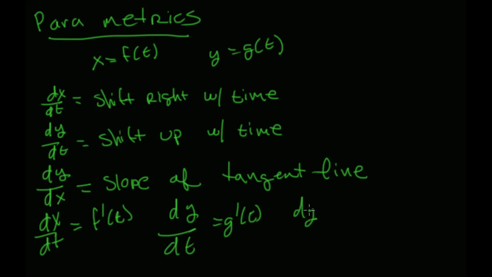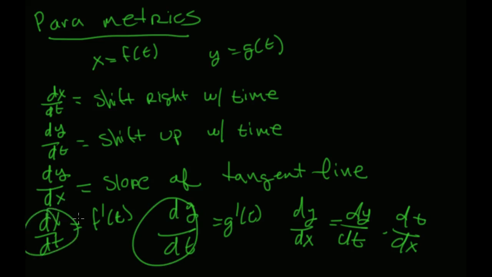And to get dy/dx, well, you've got a formula for getting dx/dt and a way to get dy/dt. So dy/dx should be dy/dt times dt/dx. So it's this, right, times the reciprocal of that. Okay, so that's just chain rule. Those things fall out. Life is good.